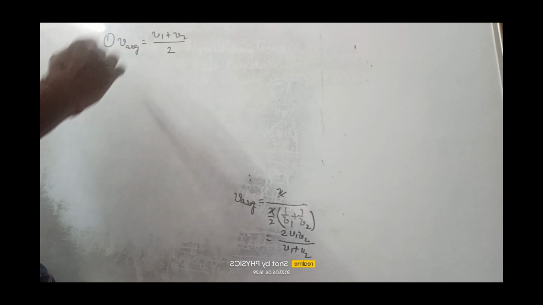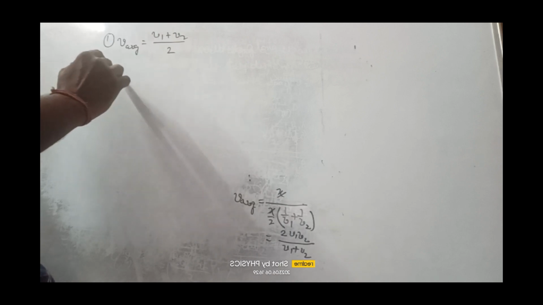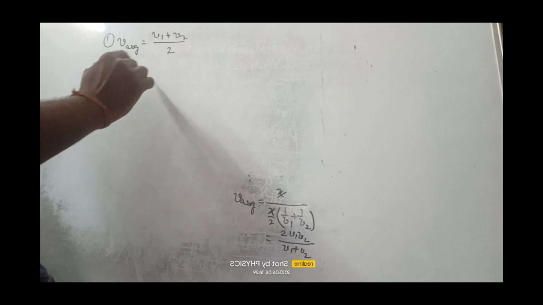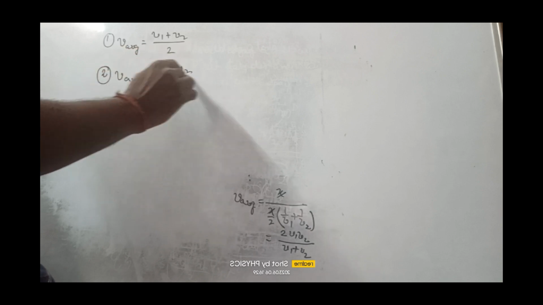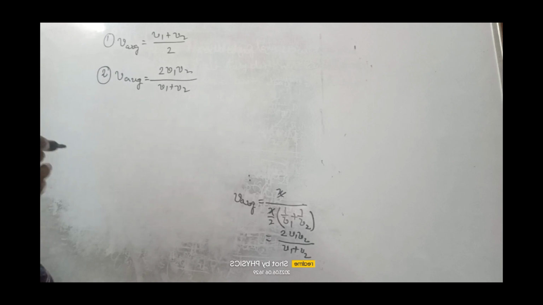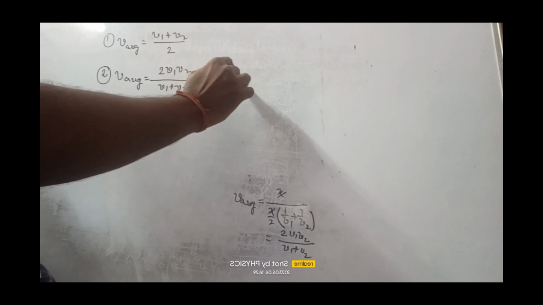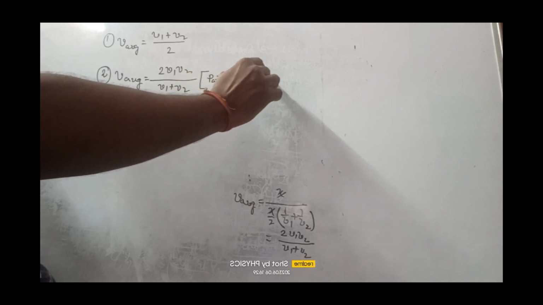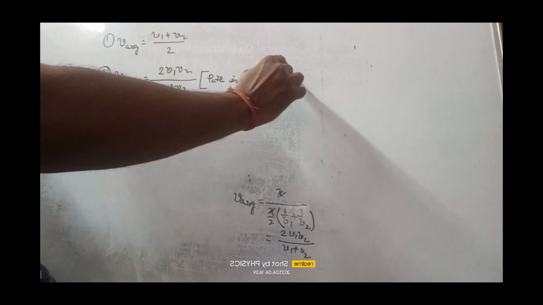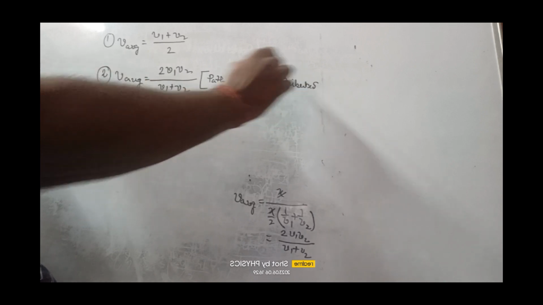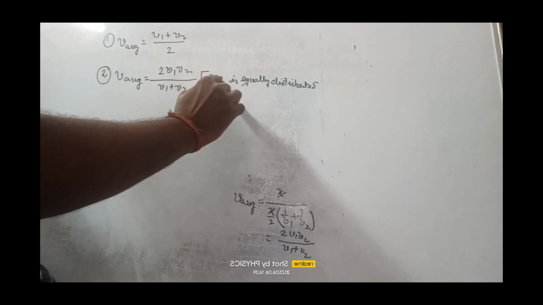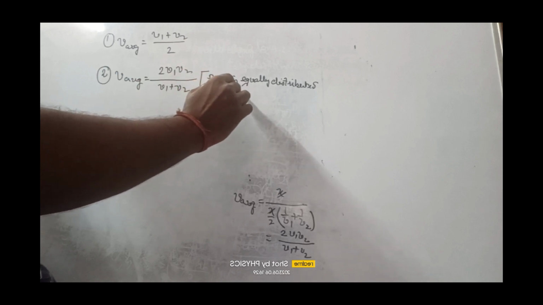From the two problems, how to solve it in one stroke. For the first problem, we get V average is equal to (V1 plus V2) by 2, and for the second case we have V average is equal to 2 V1 V2 by (V1 plus V2). In the first the time is equally divided, and in the second the path is equally distributed, that is half.